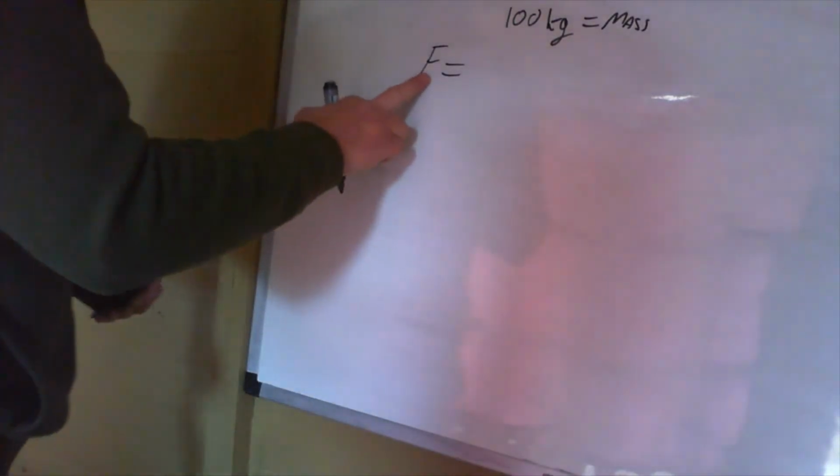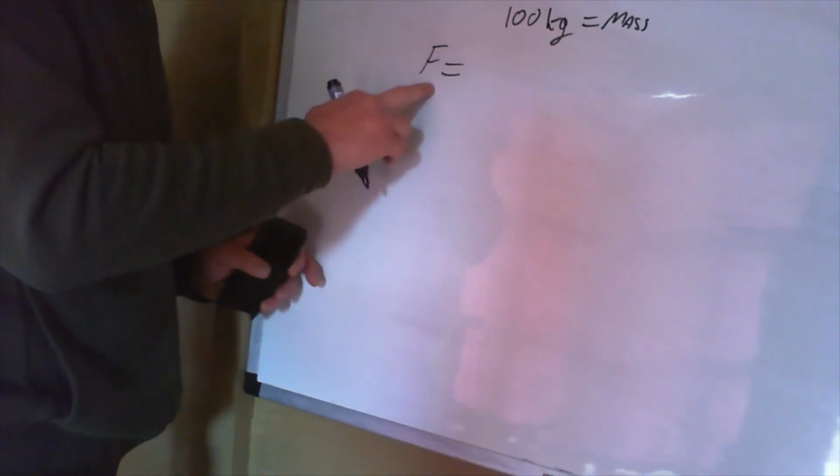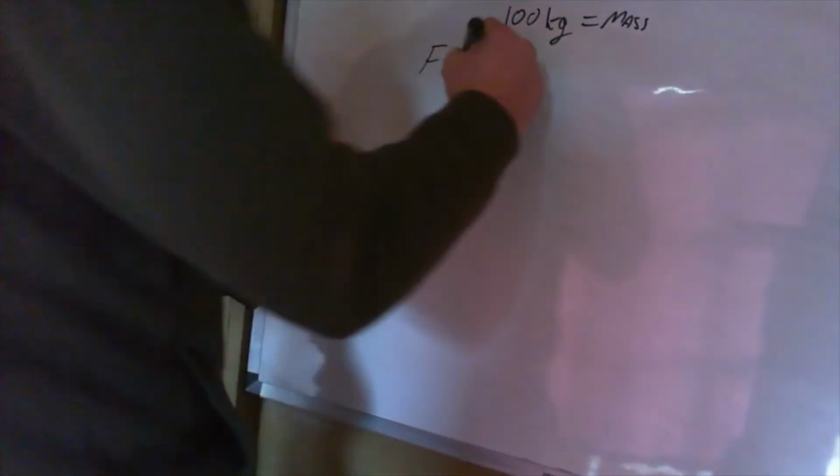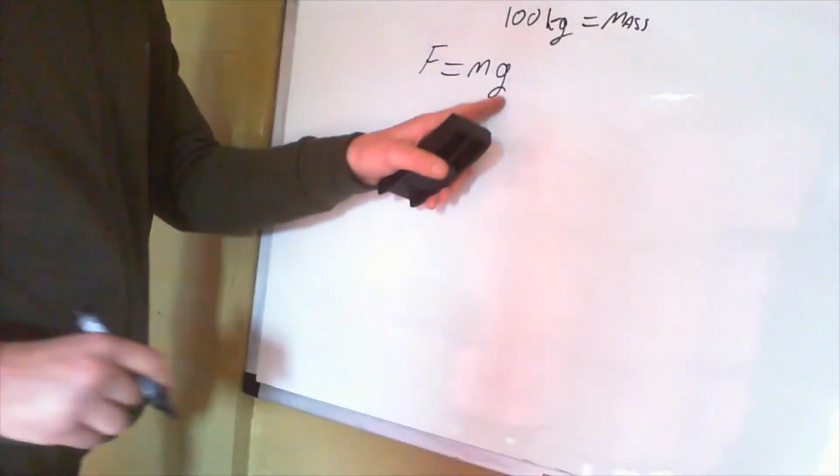If you have 100 kilograms, that's your mass, and the force acting on that 100 kilograms is going to be the mass times the force of gravity, which is 9.81 in meters per second squared. Don't worry too much about the units just now. Just accept that's where they are.